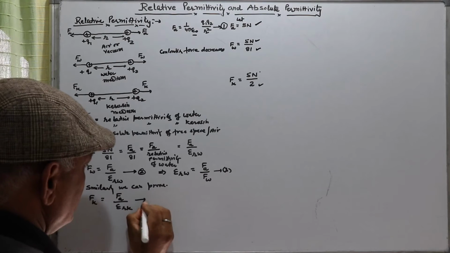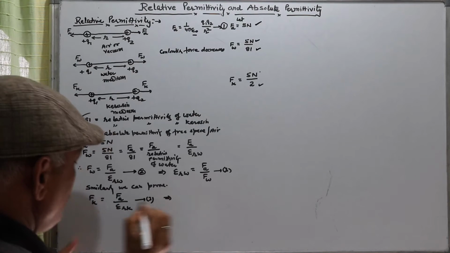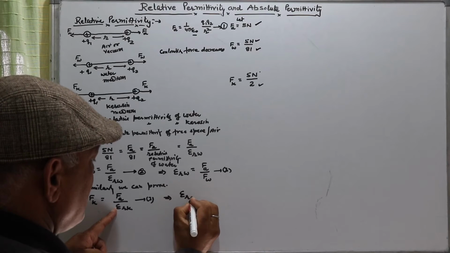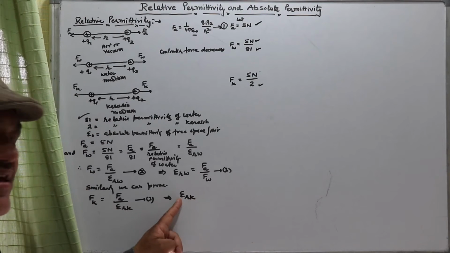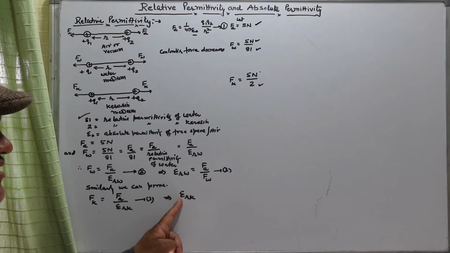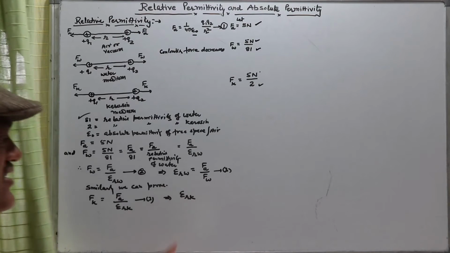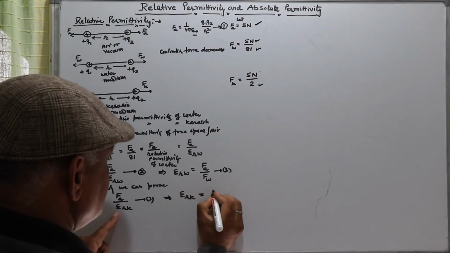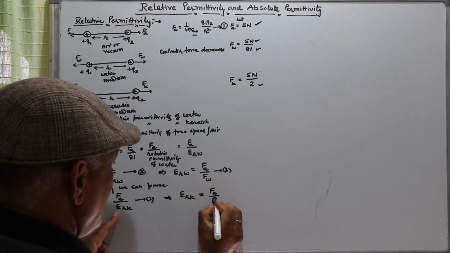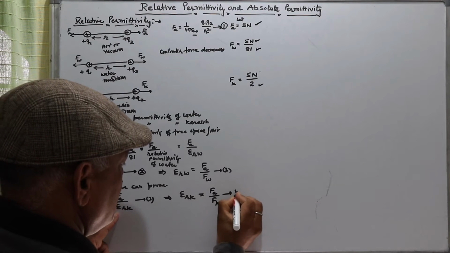This is equation number 3, and from here we can write epsilon RK. Epsilon RK क्या है? This is the relative permittivity of kerosene medium, and it is Fa upon Fk, equation number 4.